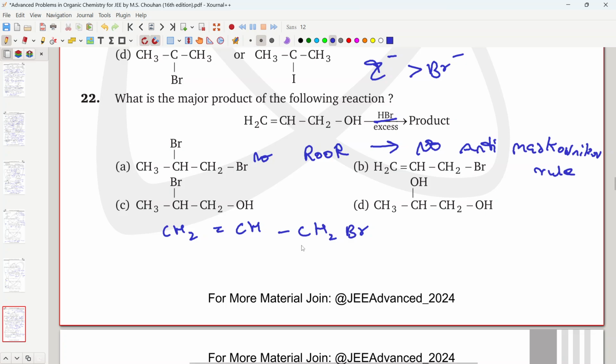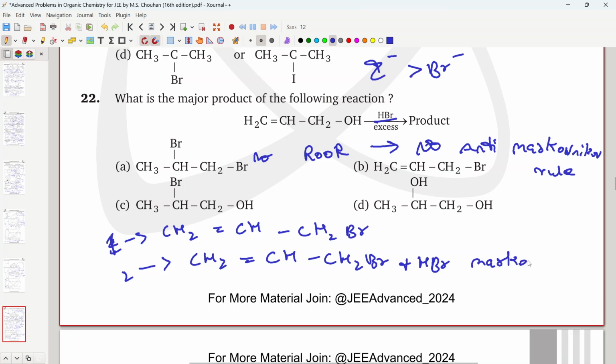Step 2, HBr adds across the double bond. Markovnikov rule gives CH3CHBrCH2Br, 1,2-dibromopropane, which matches with option A.